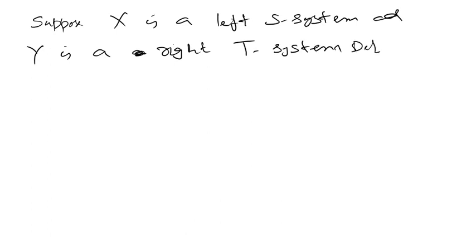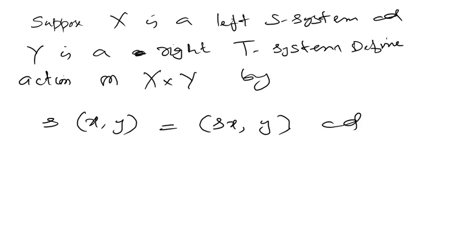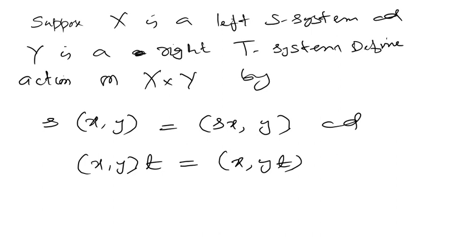Define an action on X cross Y. We define both the left and right action: define the action by s(x, y) equal to (sx, y), and we also define the right action with the help of T. (x, y)t is equal to (x, yt), for all (x, y) belongs to X cross Y, s belongs to S, t belongs to T.